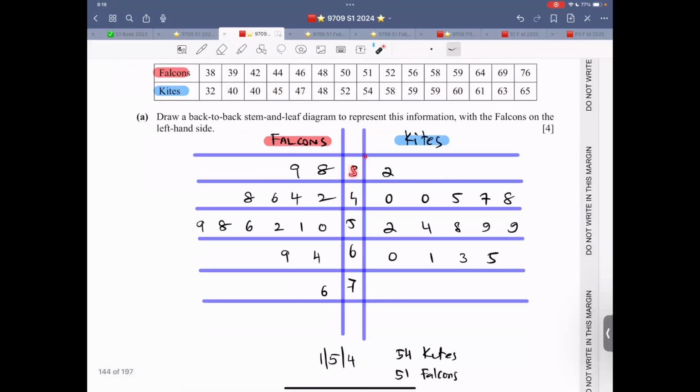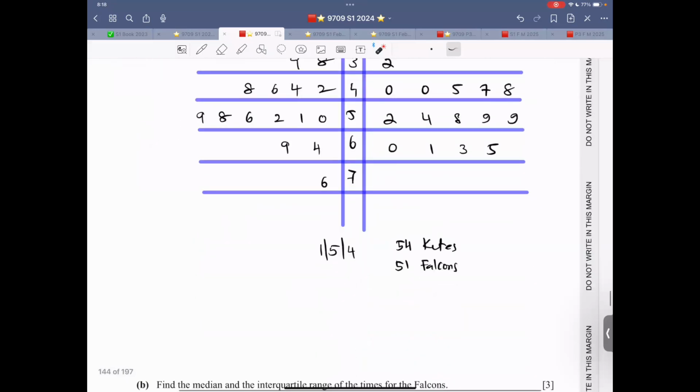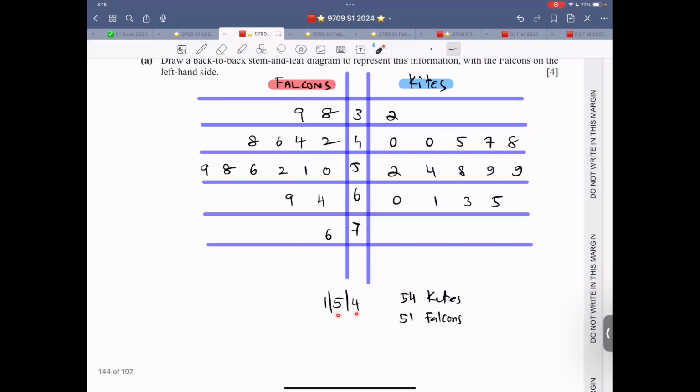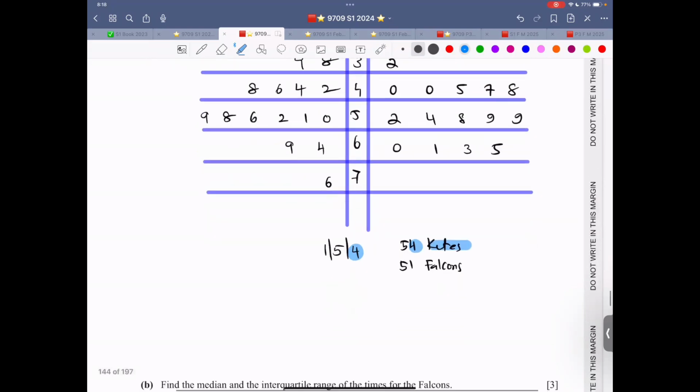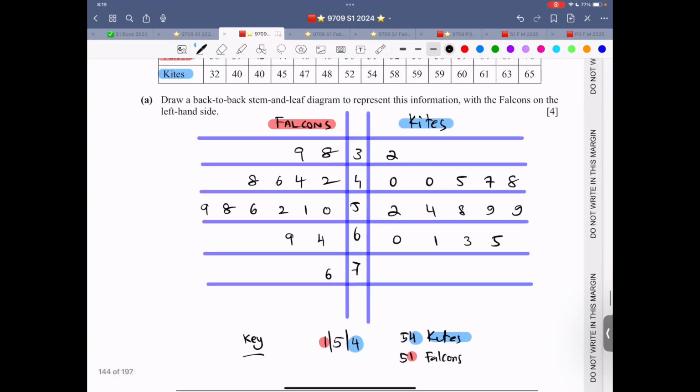So 3|2 means 32 for the Kites. 5|4 because it's on the right-hand side, that means 54 for the Kites. And 1|5 is 51, that is for the Falcons. So a single key would do the job. If you want 2 keys, you can write 2 keys. That's not an issue. And that's how everything is filled up.